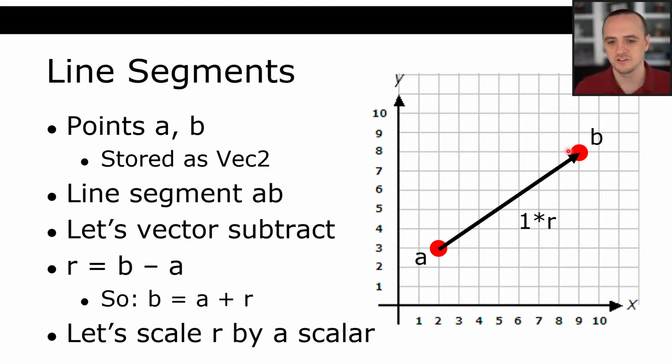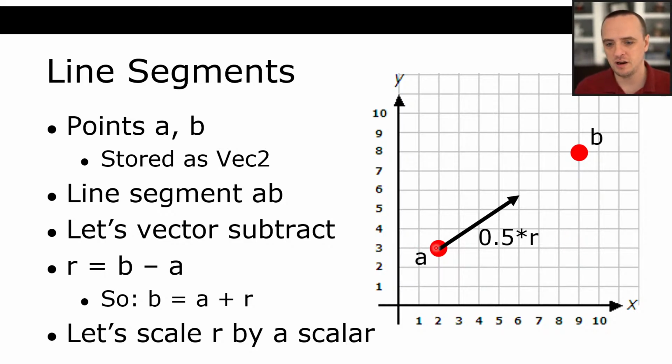That's just R. So let's change our scalar value and see what happens to our vector. For example, if we multiply R instead of by 1 by 0.5, then here's what we get. We get this line segment or this vector that goes from A halfway to B, right? So we essentially multiply the X and we multiply the Y of R by 0.5 and we get this.